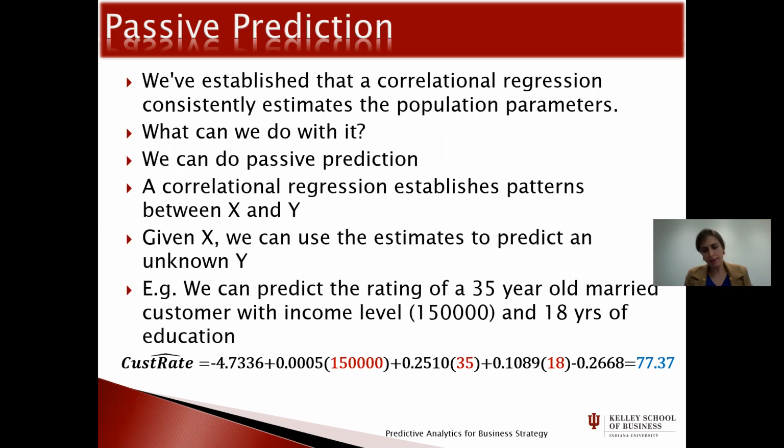But if you are right in there, it's very, very hard to claim that the variable is statistically significant. So you want to comment on that. It barely passes the test. The higher the t-stat, the better. So it's usually also a matter of magnitude. You really want your t-stats to be as high as possible. If it's right in there, you also want to make a comment about that.